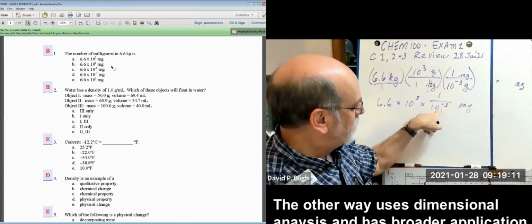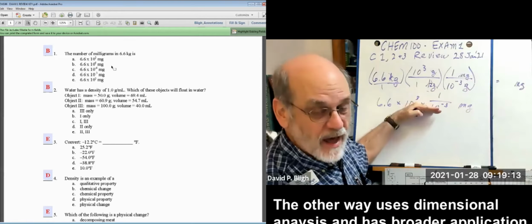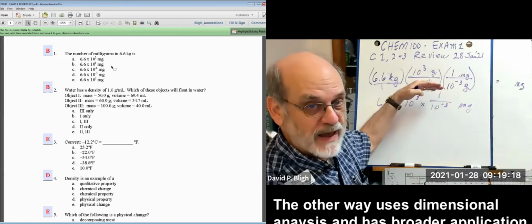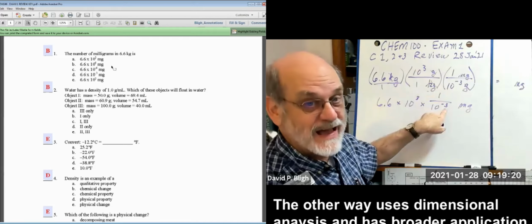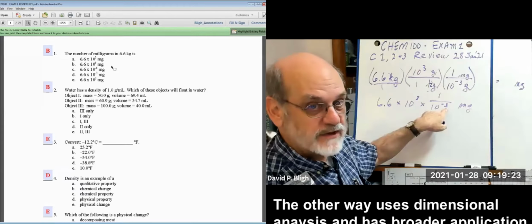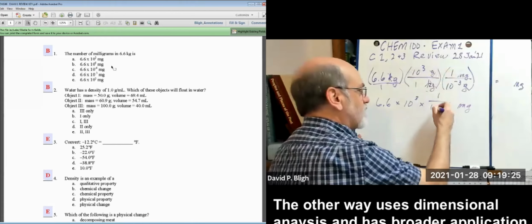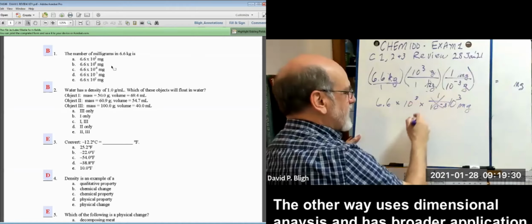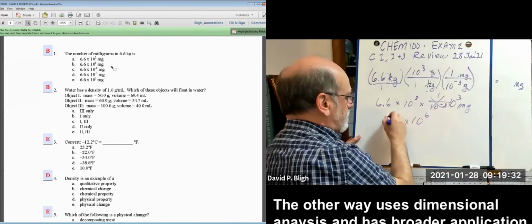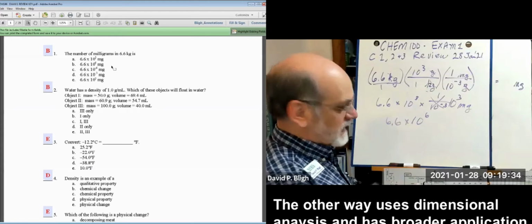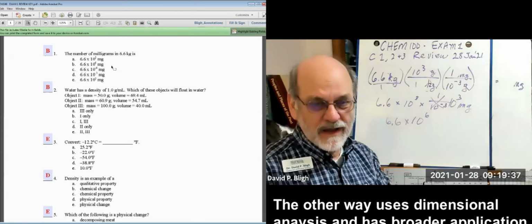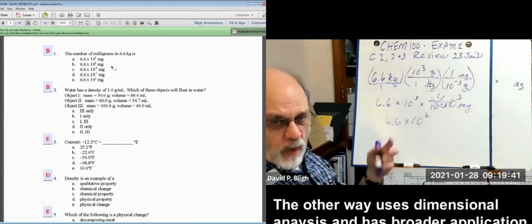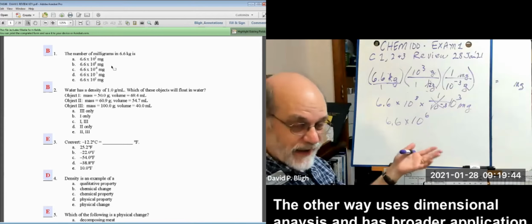But if you take a denominator powered number and put it in the numerator, what happens to the power? It changes sign. So 10 to the minus third now is 10 to the third in the numerator. Now we can add these together. And there's your answer.